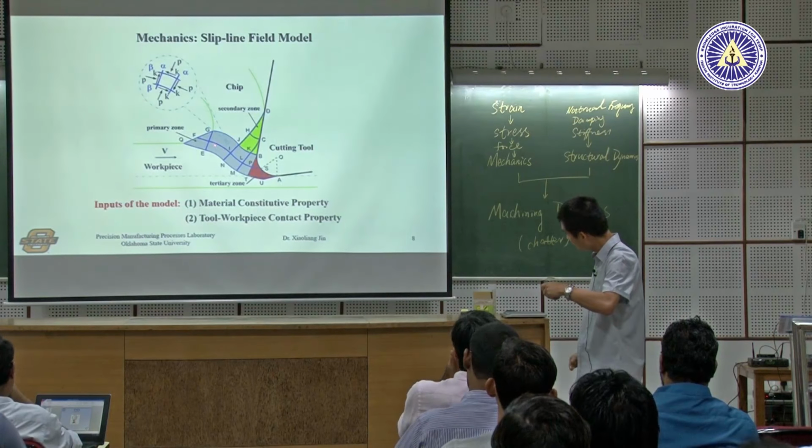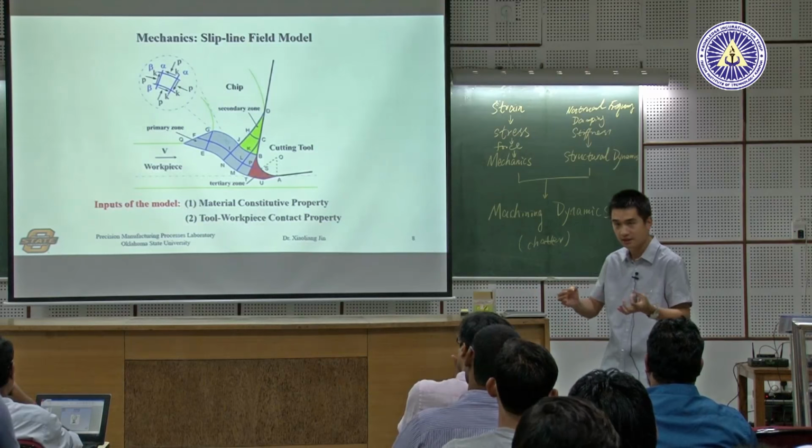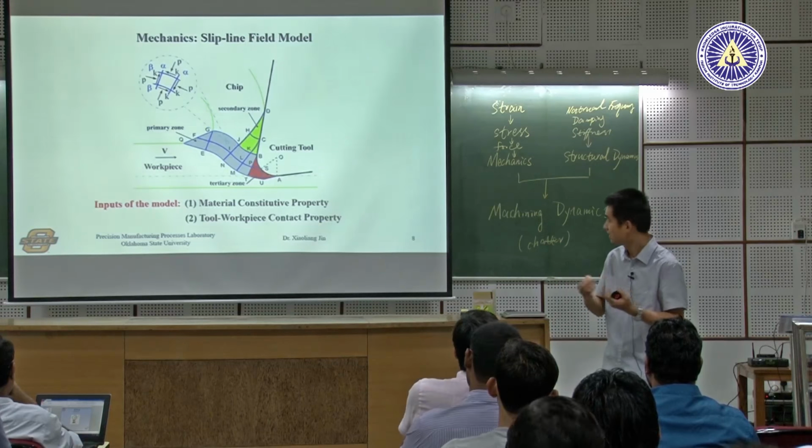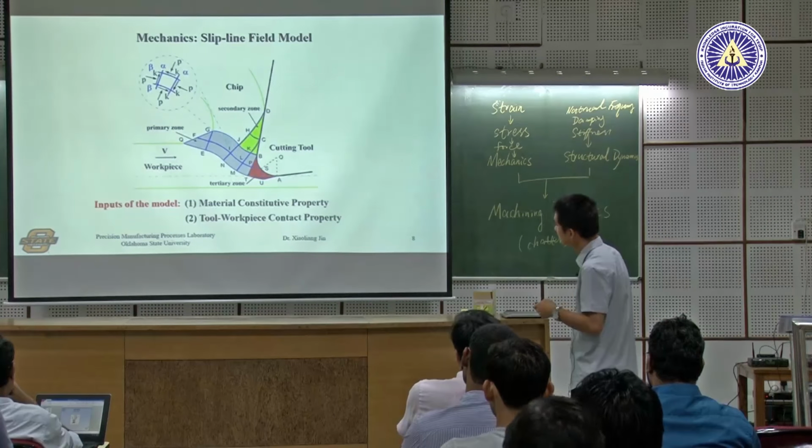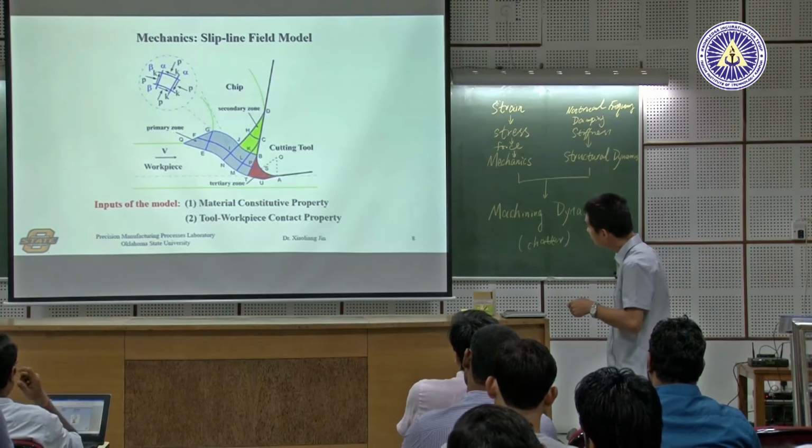For us it's for machining purposes, but it can be applied to forming or any other material deformation process. If you want to analyze the mechanics, it involves analysis based on the stress Mohr circle, which means at any point, if there's a deformation, there's strain and there's stress, and the stress can be analyzed by a circle from the orientation. Let's say we just pick one random point here.